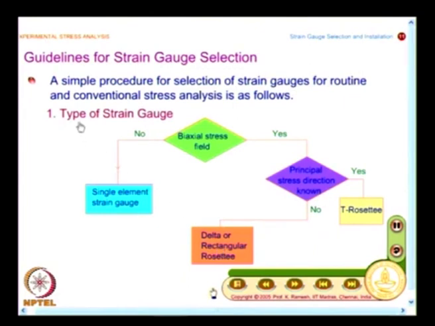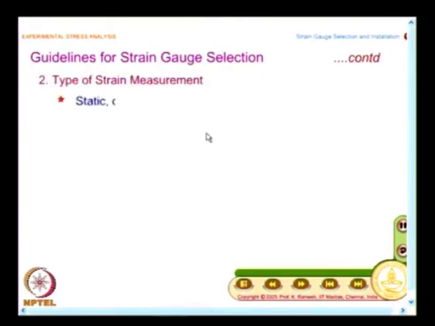So, you first decide whether you want a single element T rosette or a delta or rectangular rosette. And what is the second step? What is the type of strain measurement?